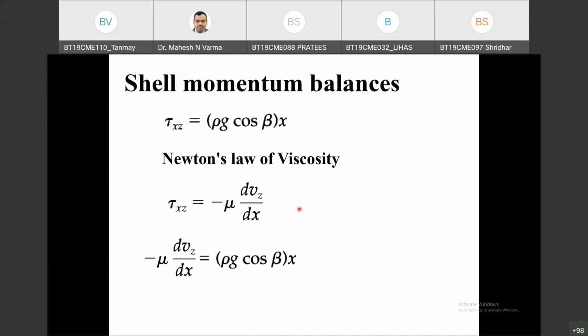Because it is a liquid, the second term will not be there, and dvx by dz equals 0, so that term will also be 0. This negative sign indicates velocity is increasing with decreasing value of x, and velocity is decreasing with increasing value of x.